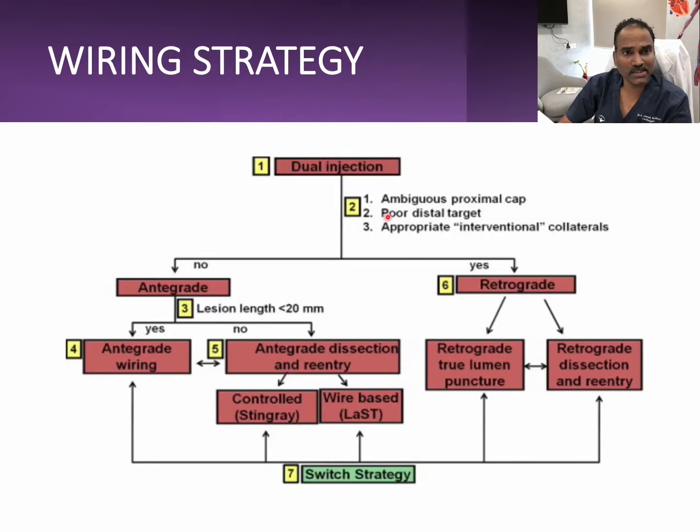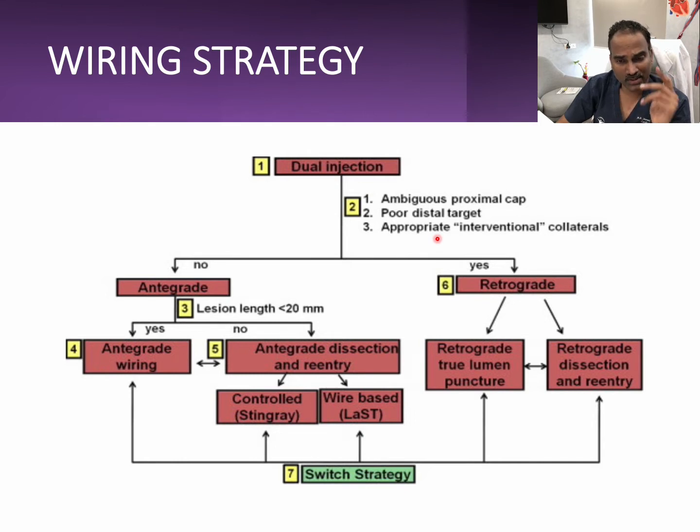So coming to the wiring strategy in this patient, he had an ambiguous proximal cap, and there is an appropriate interventional collateral, and also his right coronary artery origin is quite anterior in the right coronary sinus with a downward takeoff, which usually doesn't give immense support for antegrade wiring.